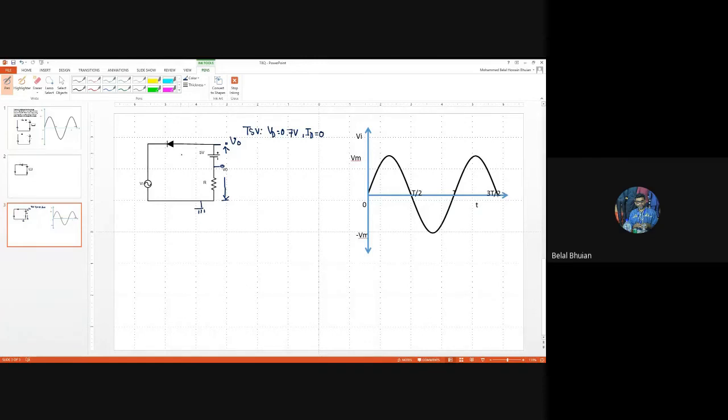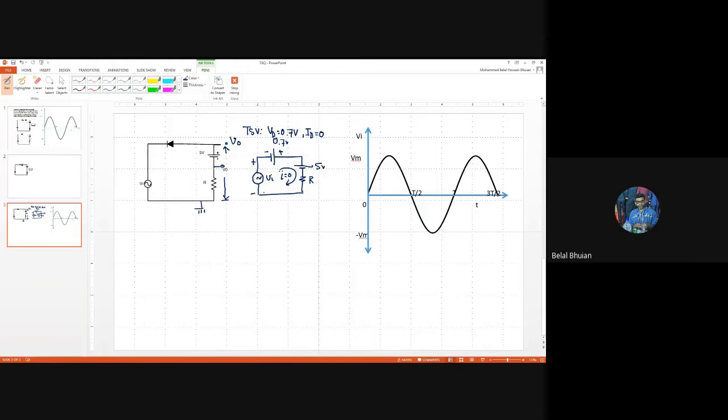So let's assume that our diode is going through transition. For that, I'm going to redraw the circuit, replacing the diode with 0.7 volt, Vi, and let's say this is I, with the 5 volt source and R. Let's assume the Vi is positive.